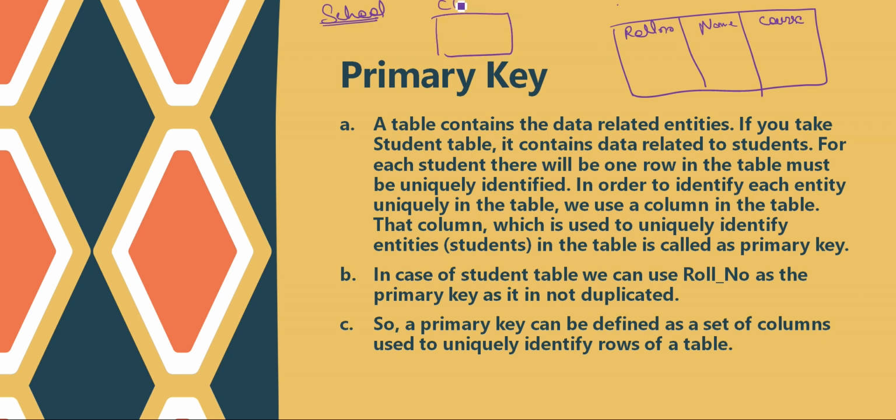Let's say class 1, class 2 each have a different student table. Now this roll number is going to be repeated across classes. Let's say class 1, class 2, class 1, class 2. So class 1 is also going to have roll numbers starting from 1 up to n. This one also has 1 up to n, right?